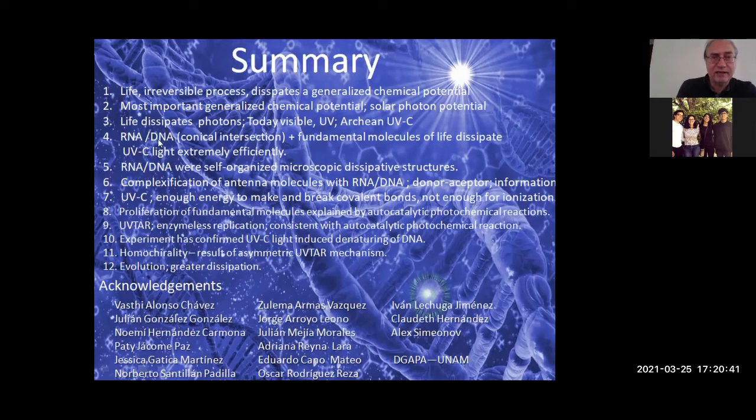RNA and DNA have this conical intersection, and so do many of the fundamental molecules of life, which means that they dissipate UVC light into heat very rapidly and extremely efficiently. So we have described RNA and DNA as self-organized microscopic dissipative structures.